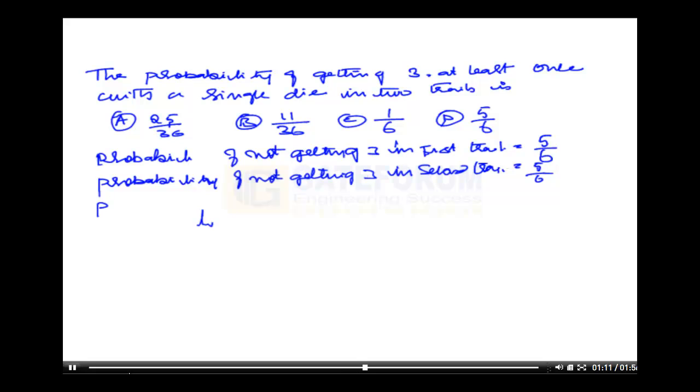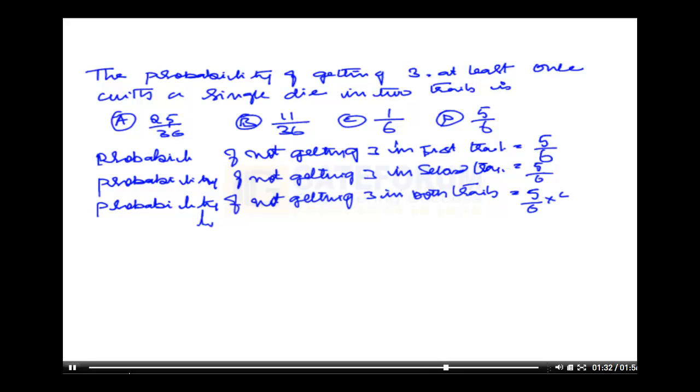Now I can find out the probability of not getting 3 in both trials, equivalent to 5 by 6 into 5 by 6, that is 25 by 36.